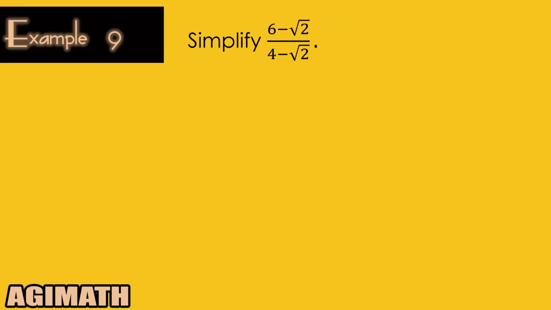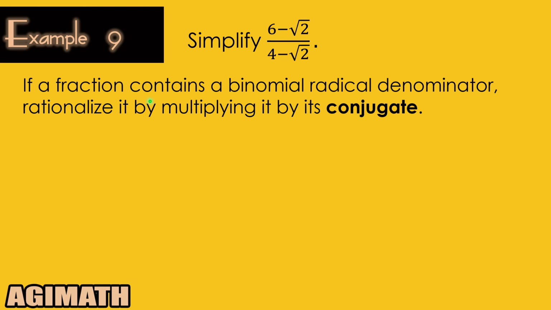Now, one thing you are going to remember with division of radicals, just review how we are going to rationalize. You can look at my video tutorial about rationalization under simplifying radicals. If a fraction contains a binomial radical denominator, rationalize it by multiplying it by its conjugate. So we have a new term, conjugate.